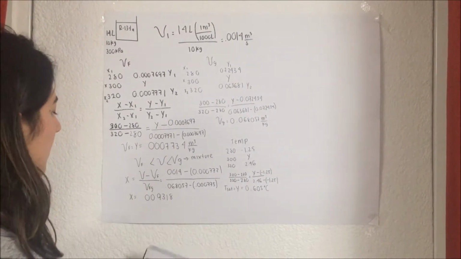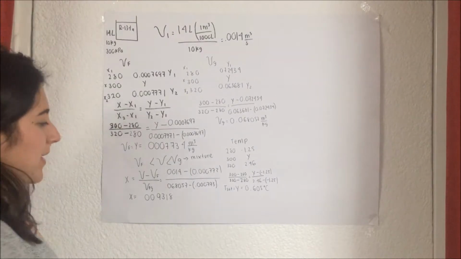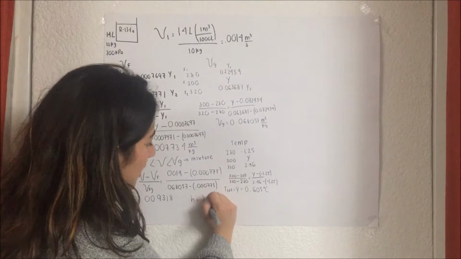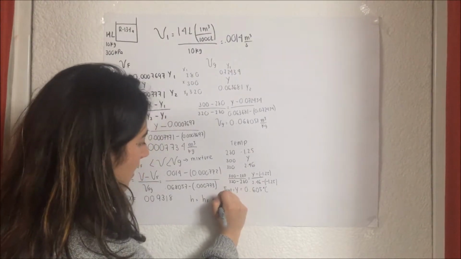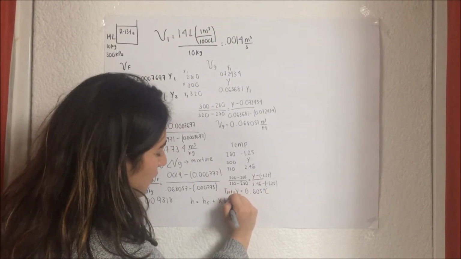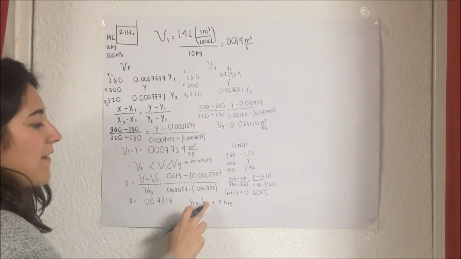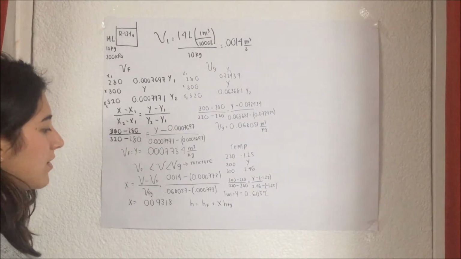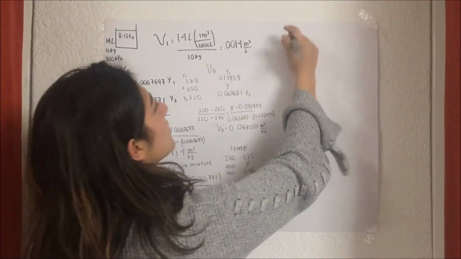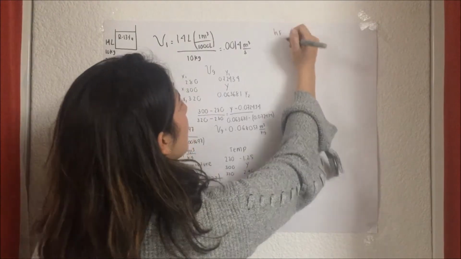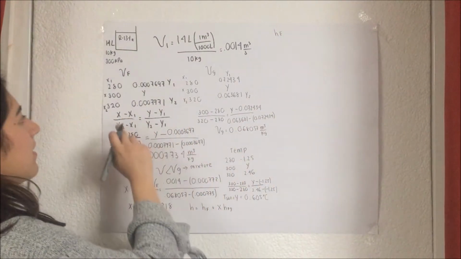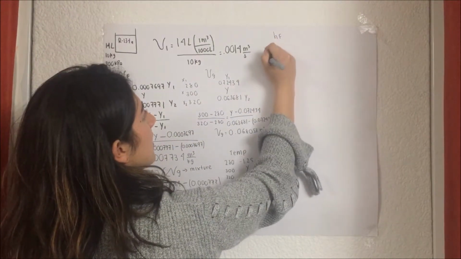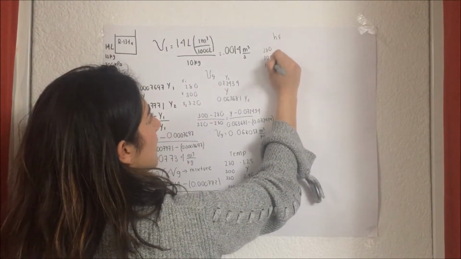With this x, we can calculate the enthalpy. The formula is h equals hf plus x times hfg. We don't have these values at 300 kilopascals, so we have to interpolate. So for hf we have 280, 300, and 320.